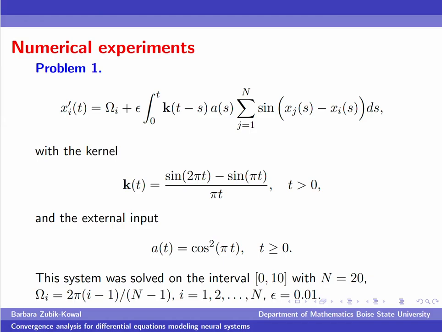The last part of the talk is dedicated to numerical experiments. For the first problem, we use the kernel defined as the quotient involving the sine function. We solve this model over the entire interval from 0 to 10, and the number of equations in this system is n equals 20.